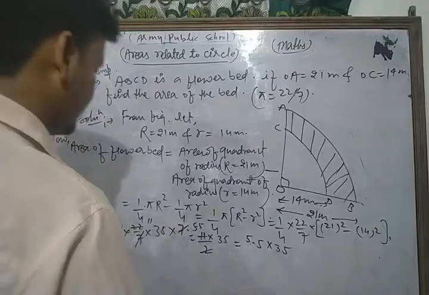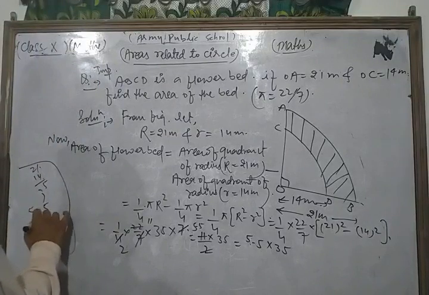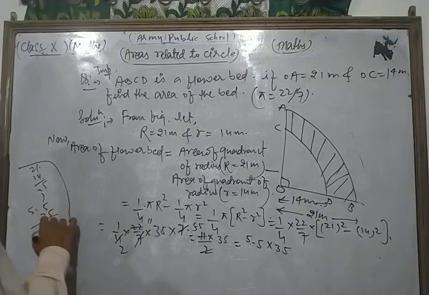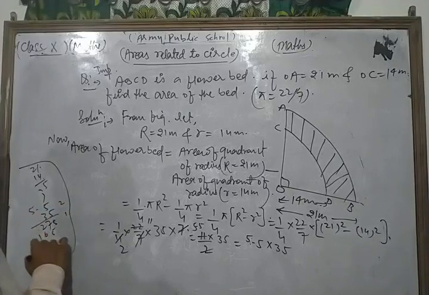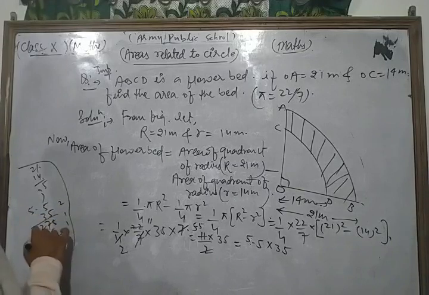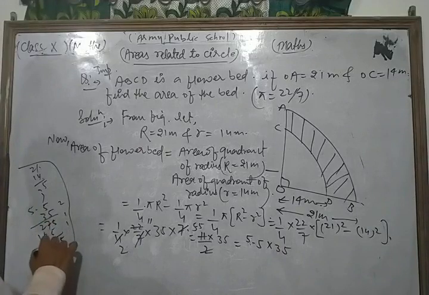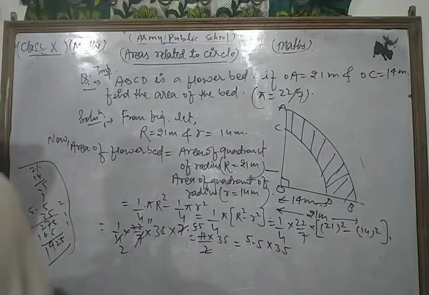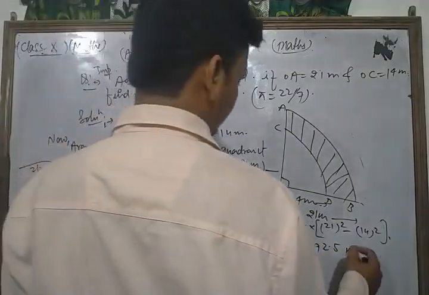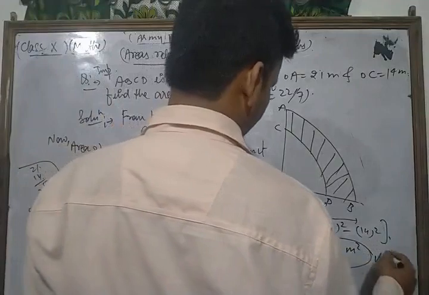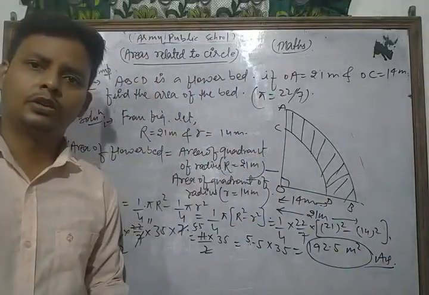After multiplying them, with the decimal taking place, we get 192.5 meter square. This is the required solution of the given question.